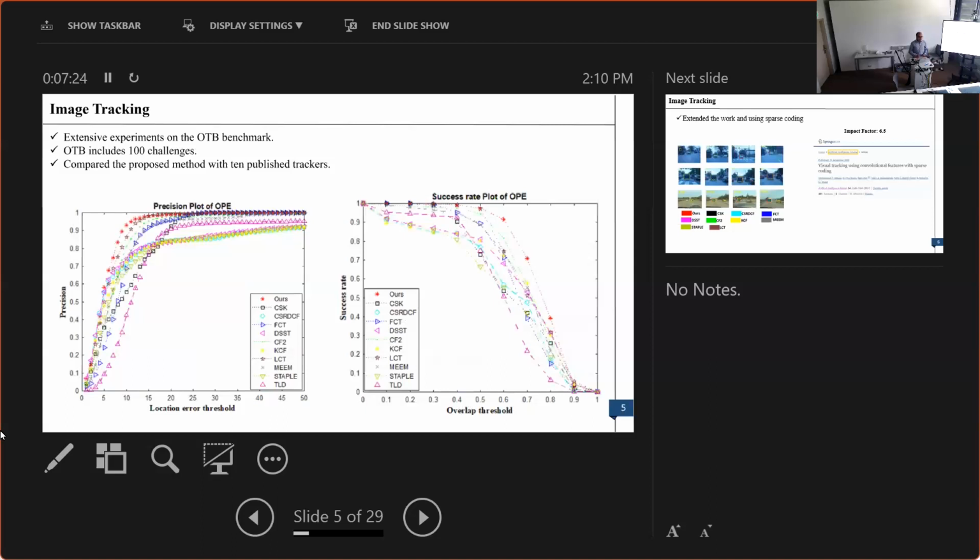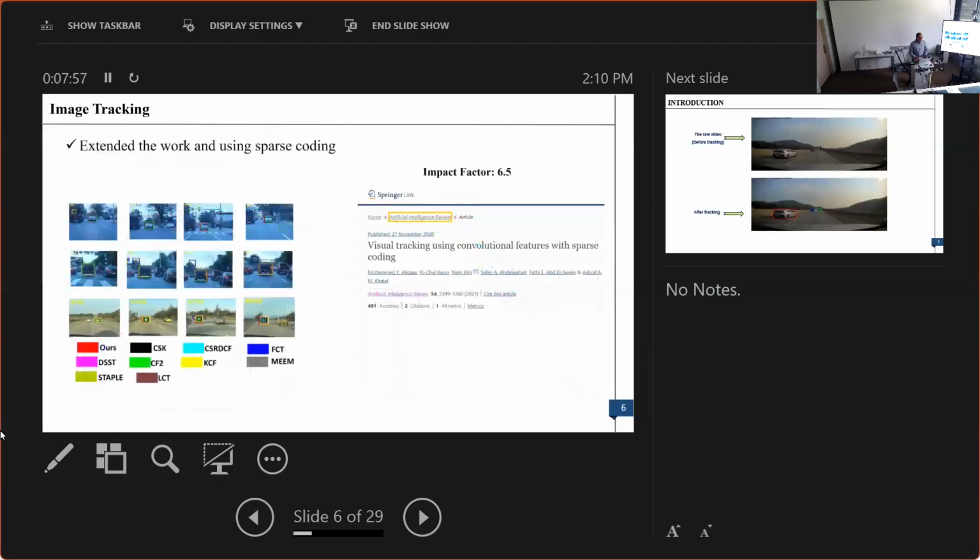I compared my results with 10 published algorithms, and I did several experiments as well. I utilized the OTB benchmark, which has several challenges. As we can see here, both my precision and my success rate are a bit higher than the previously published algorithms.